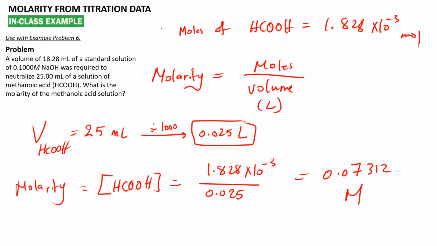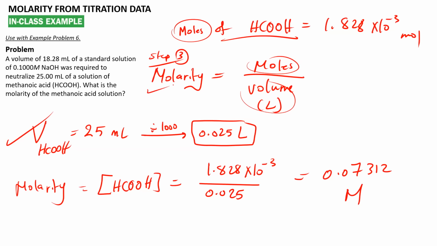Now step 3. I have the moles and I have the volume, so the molarity equals moles over volume, because I want to find the molarity from the question, right? So the moles divided by the volume in liters gives me the molarity, which is molar or mole per liter. Okay?